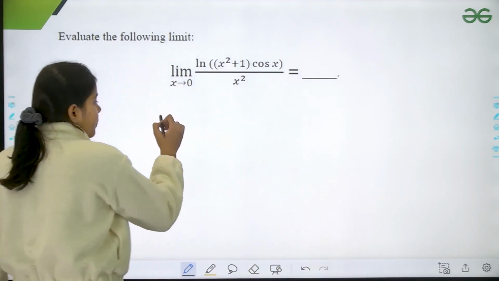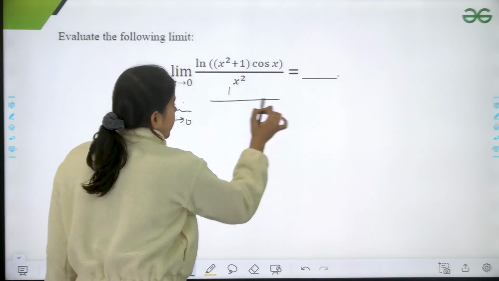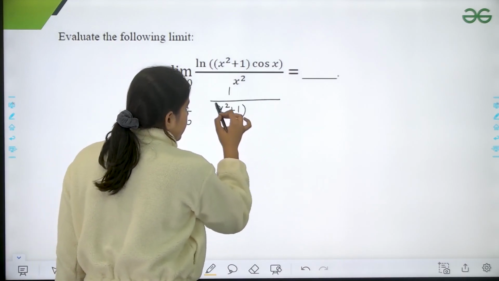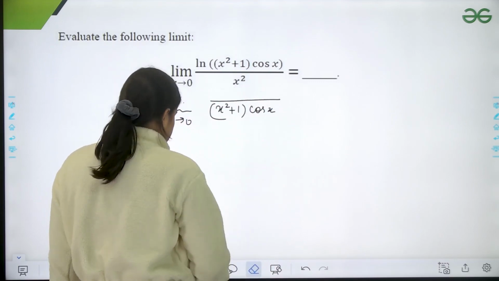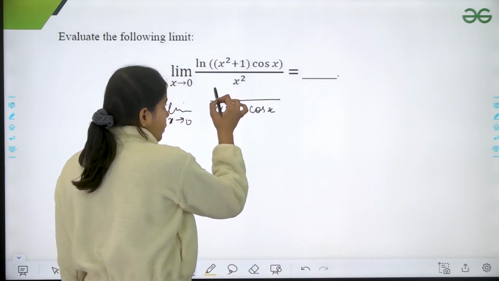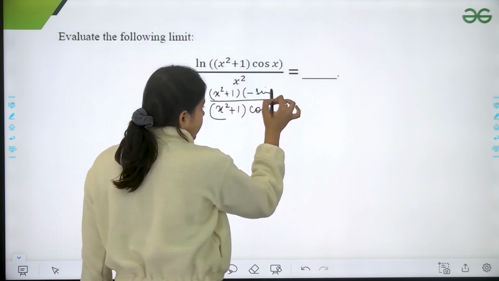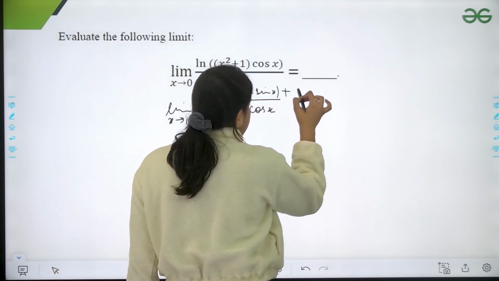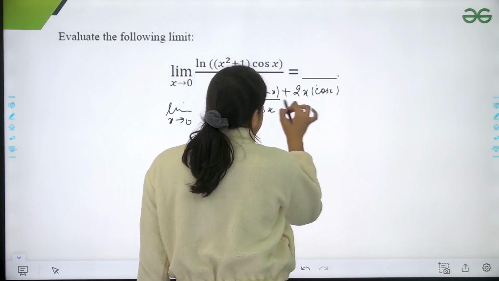So what would I do? Limit x approaches 0, let's differentiate 1 upon x square plus 1 into cos x. Let's differentiate x square plus 1 times cos x, using the chain rule. So x square plus 1 as it is, the differentiation of cos x is minus sin x, the differentiation of x square plus 1 is 2x, and then we have cos x.